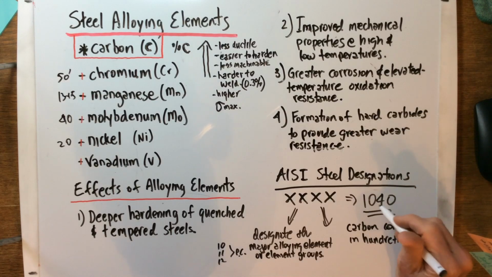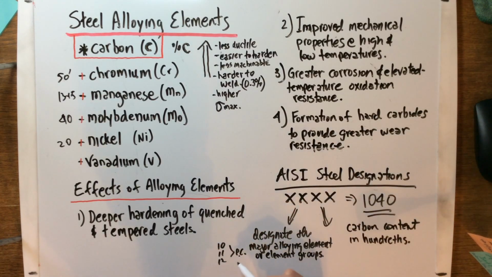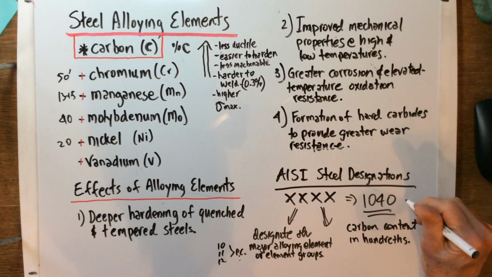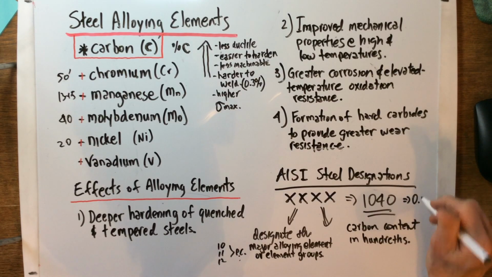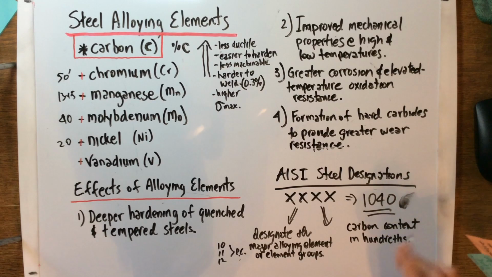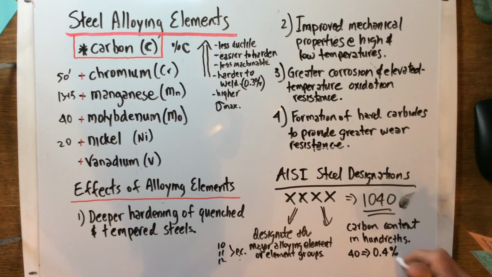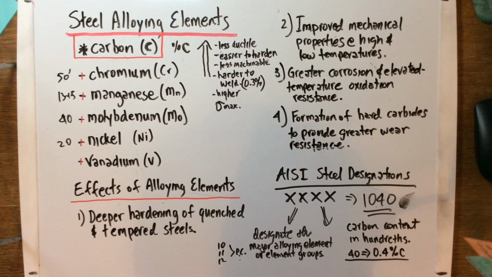So for instance, this 1040 will be a plain carbon steel, and the 40 is going to designate 0.4% carbon. Okay, so that's what that 40 means. The last two digits always represent the carbon content in hundredths. So that pretty much ends that quick discussion on alloying elements and why they're added.